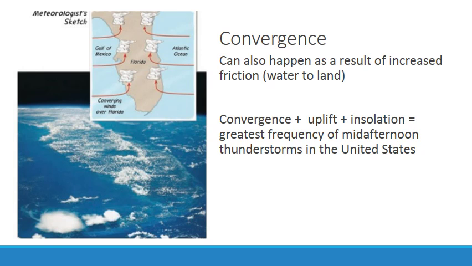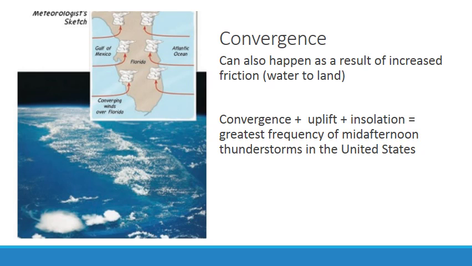The Florida Peninsula is a classic example of the role that convergence can play in cloud development and precipitation. So on warm days, the airflow from the ocean towards the land occurs on both coasts of Florida.